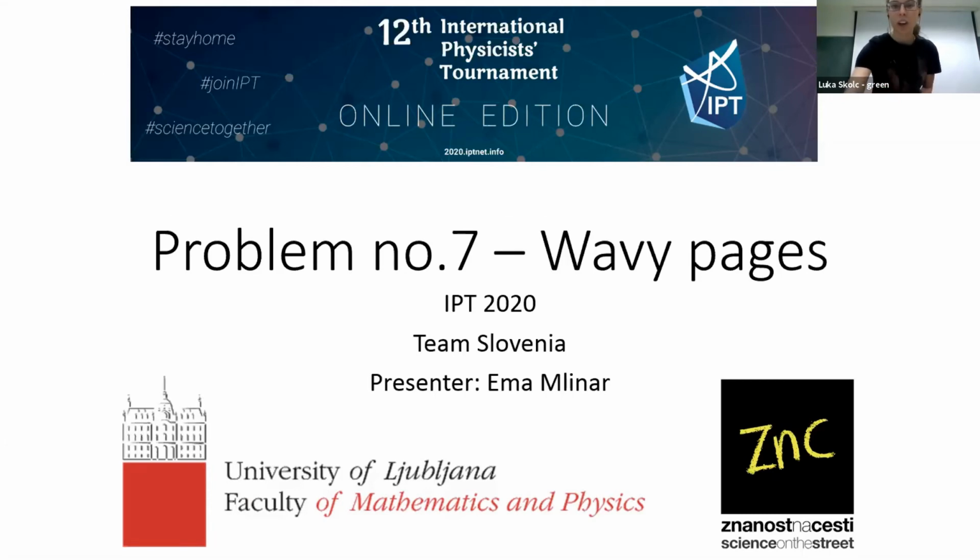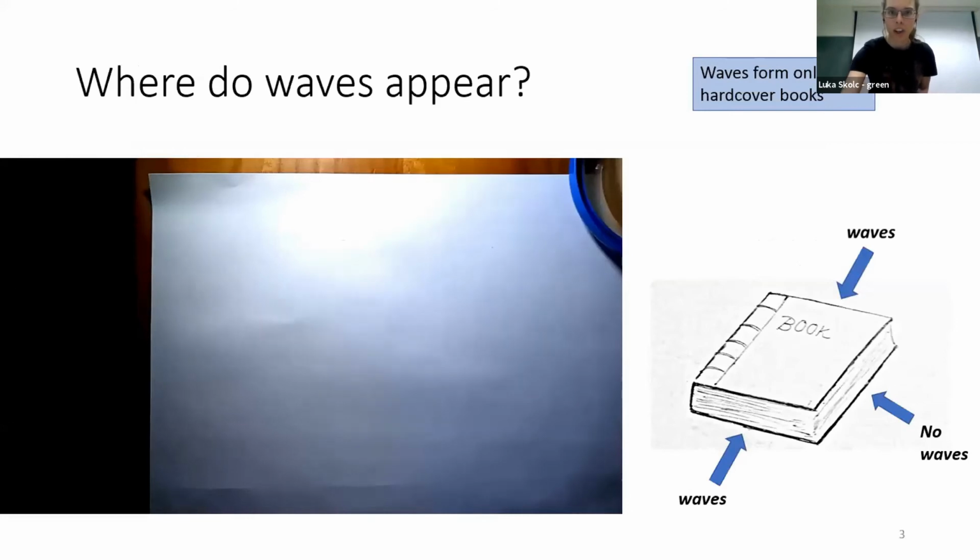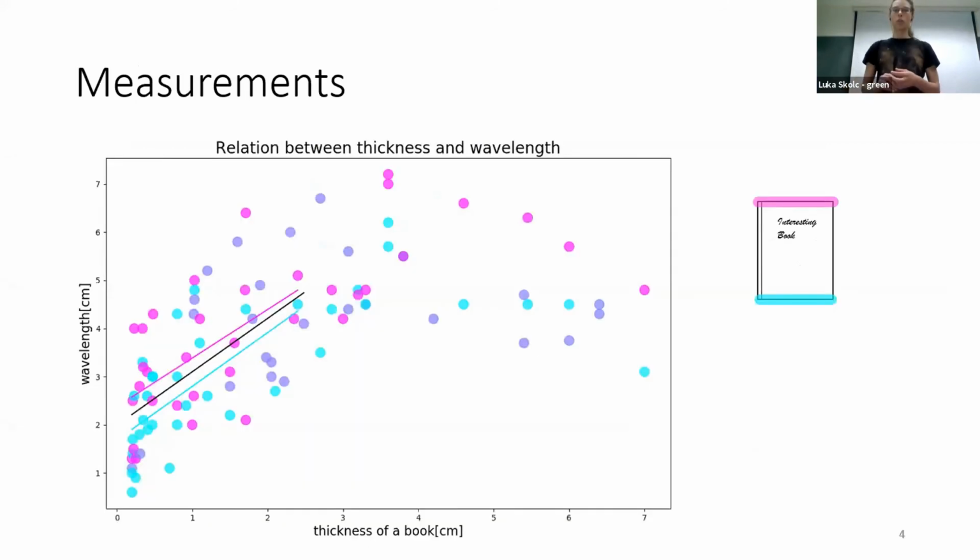And as you have seen in this graph, we did it for quite a lot of books, and those purple points are distributed almost exactly the same as the others, or somewhere between the pink ones and blue ones.